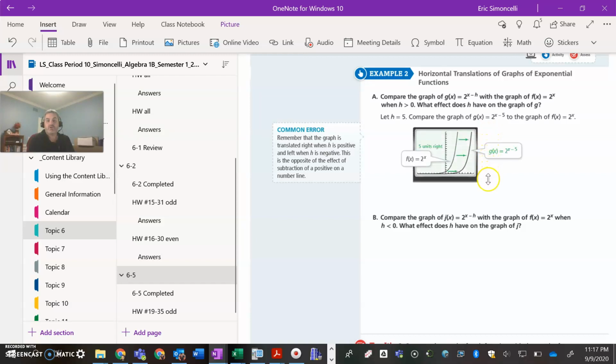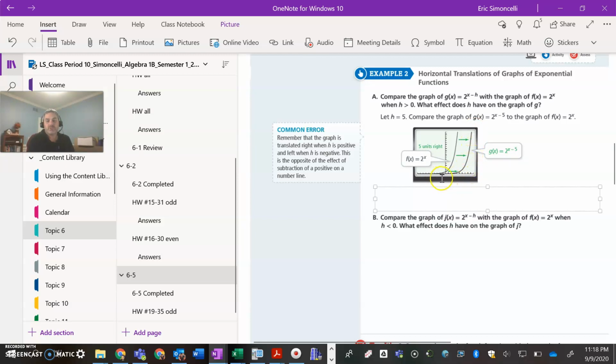The graph is already done for you, so we'll go ahead and take a look. Here's your black function, 2 to the x, and then here's the equation g of x equals 2 to the x minus 5. So here's the black curve. Here's the next curve, where maybe on your calculator you can show it as a different color, because some calculators can do that.